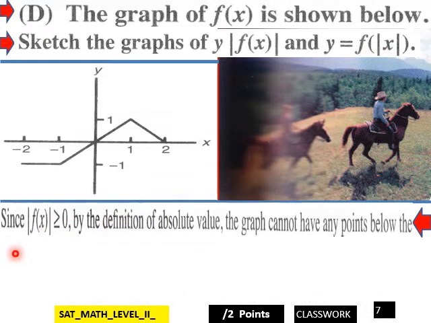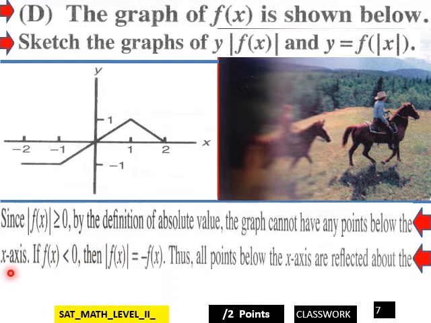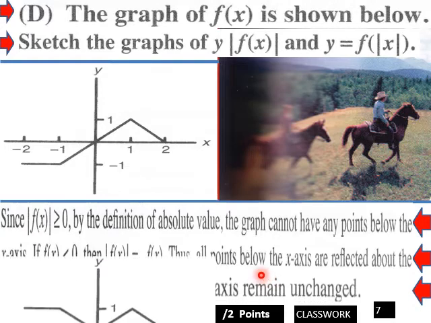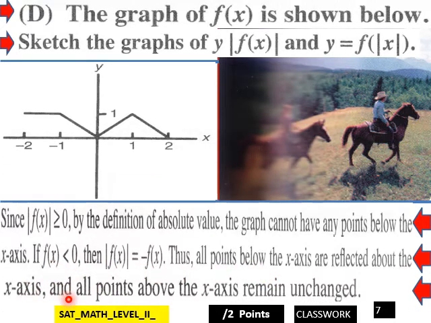So since the absolute value of f of x is greater than or equal to 0 by the definition of absolute value, the graph cannot have any points below the x-axis. If f of x is less than 0, then the absolute value of f of x would equal the negative of f of x. Thus, all points below the x-axis are reflected about the x-axis, and all points above the x-axis remain unchanged. So that graph would become this graph here due to these limitations.